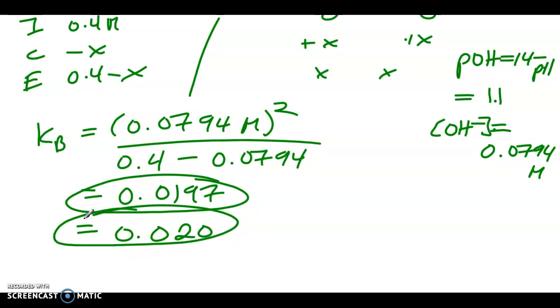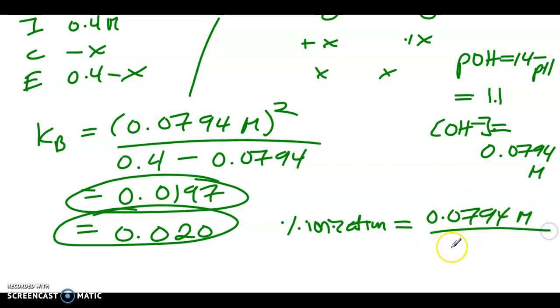Okay, then we have to determine the percent ionization. In other words, we're looking at the product versus the initial amount. So in this case, our product amount is 0.0794, our hydroxide, over the initial amount of 0.4. So it ends up being approximately, I believe, 20%.